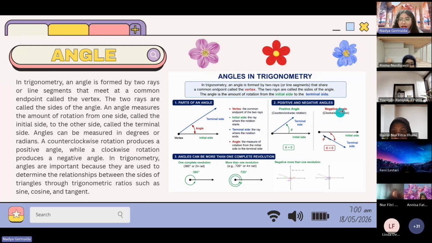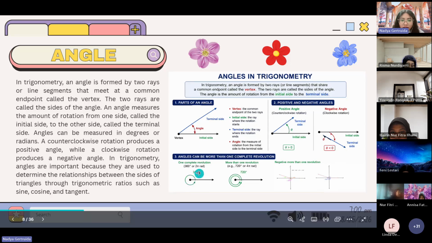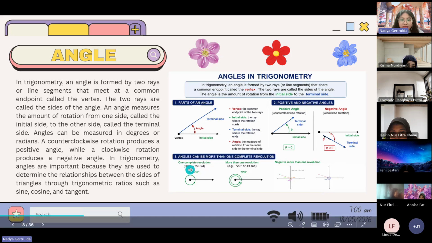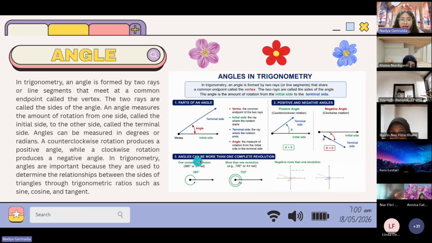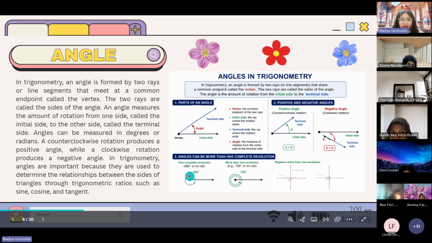If the direction follows clockwise rotation, it will be a negative angle. And then angles can be more than one complete revolution. This one is one complete revolution, or 360 degrees, or we can say it's 2π radians.